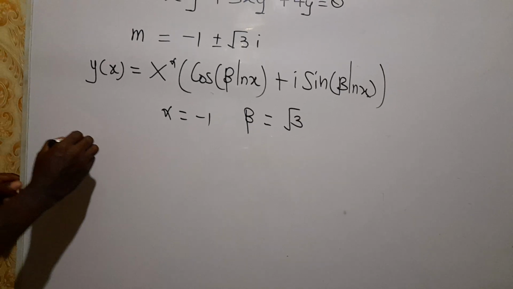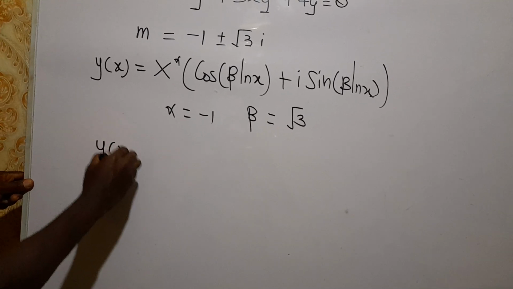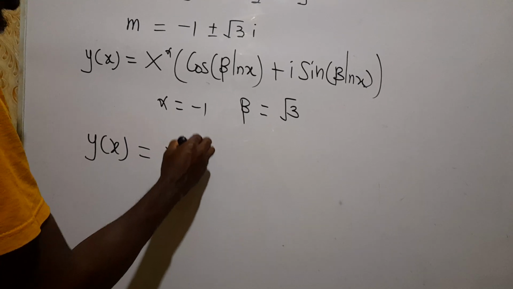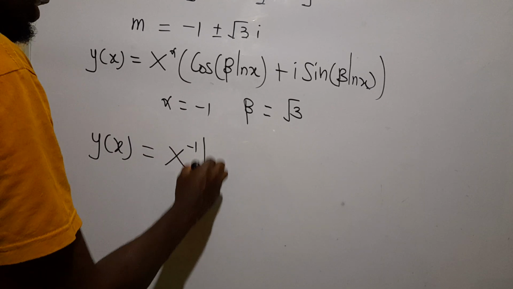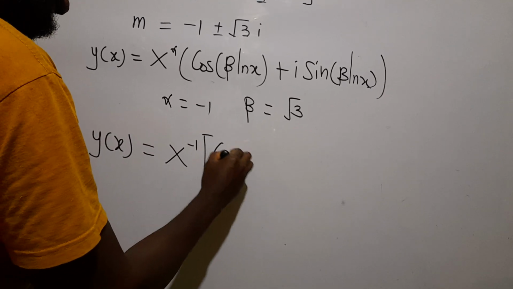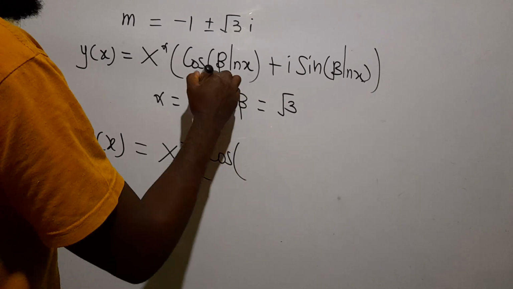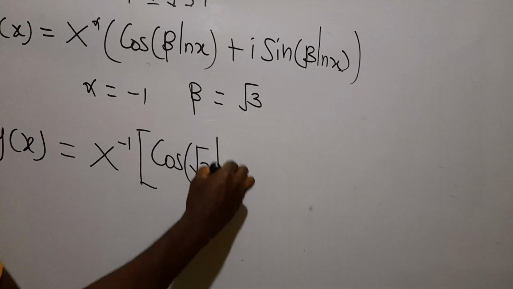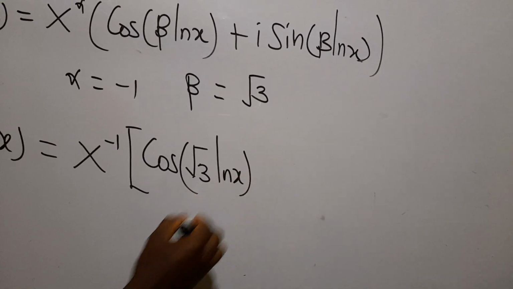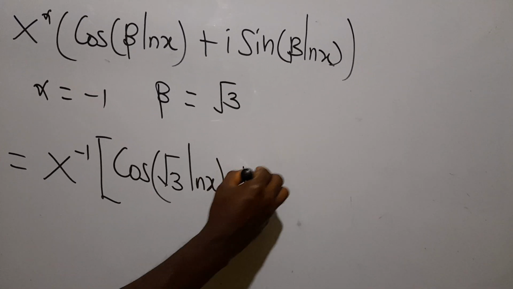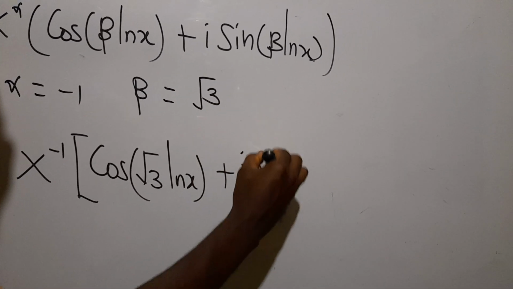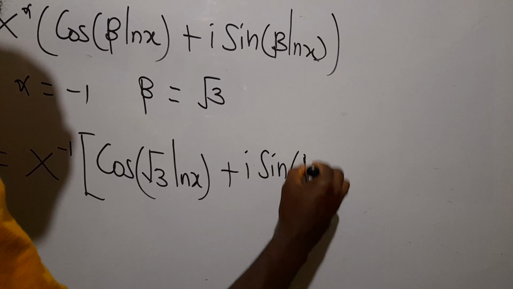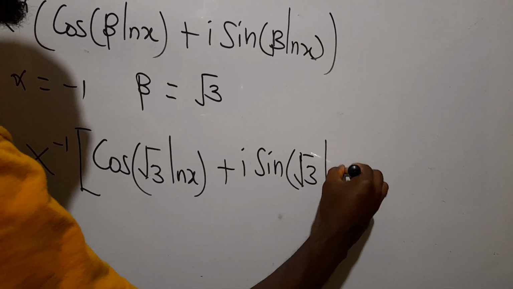So our general solution for y of x will be equal to x exponent -1 times (cos(√3 ln x) plus i sine(√3 ln x)).